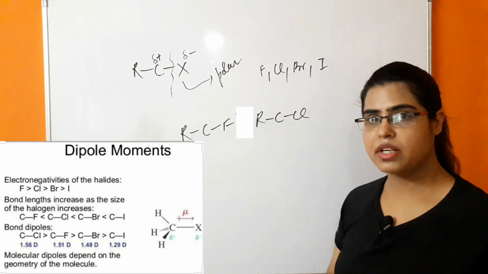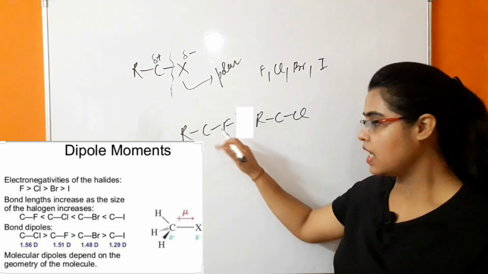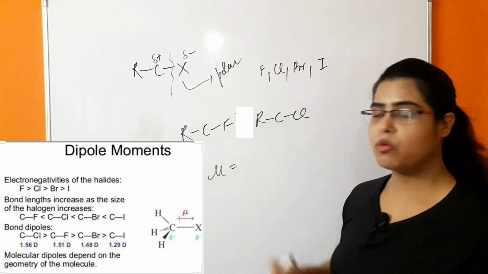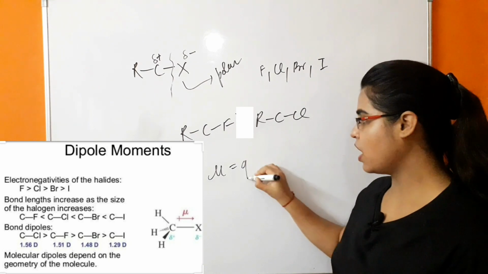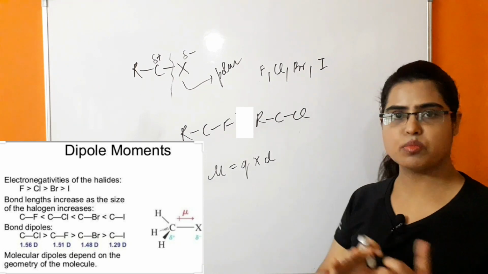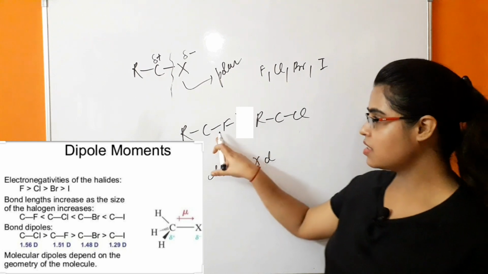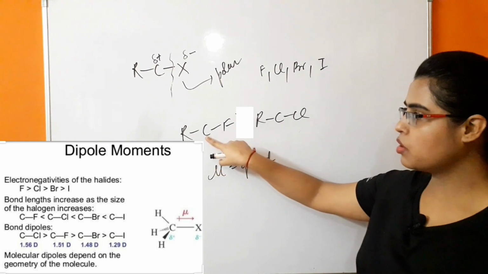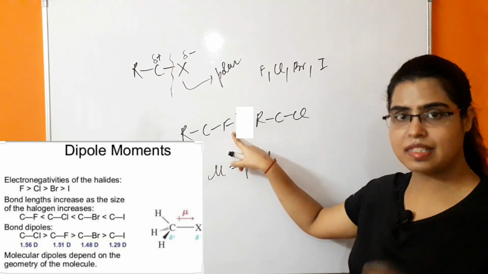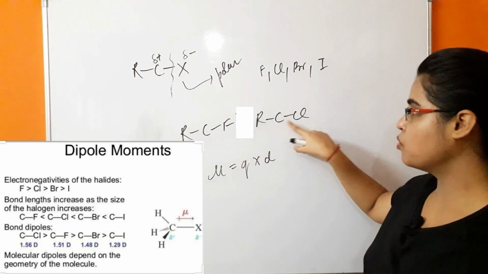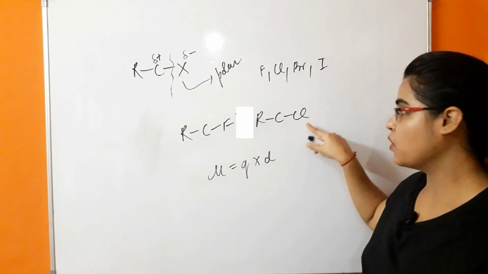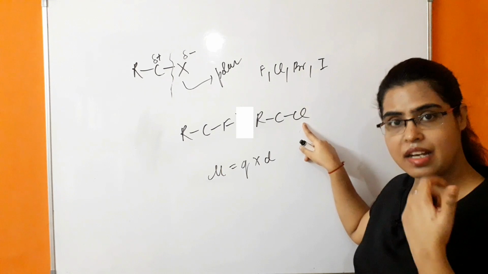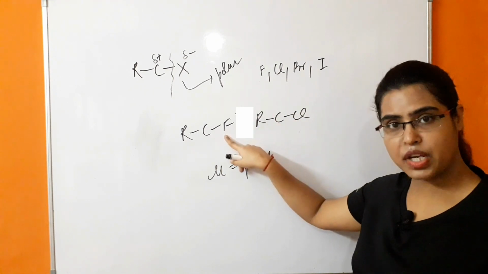Why is the dipole moment of this C-F bond less? It is because dipole moment is the product of the magnitude of charge and the distance between the charges. In this case, the bond length of the carbon fluorine bond is less in comparison to the carbon chlorine bond, because the size of chlorine is larger in comparison to fluorine.